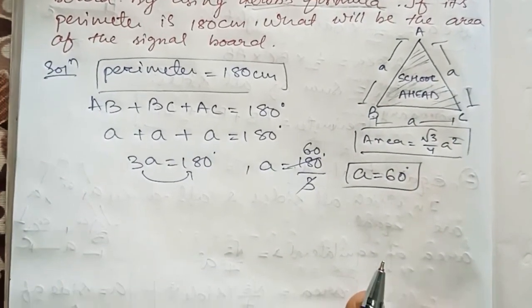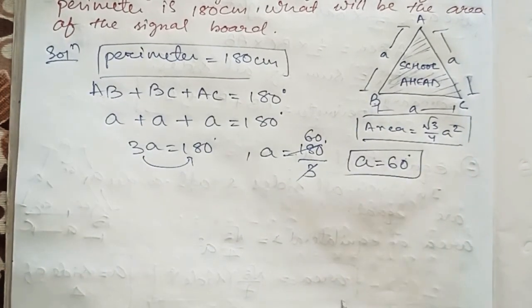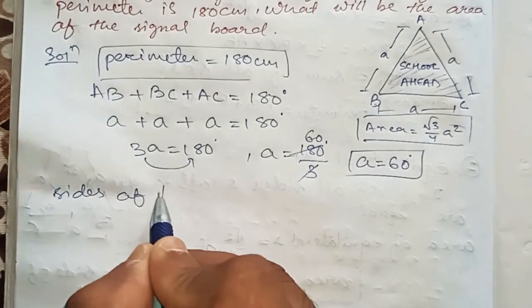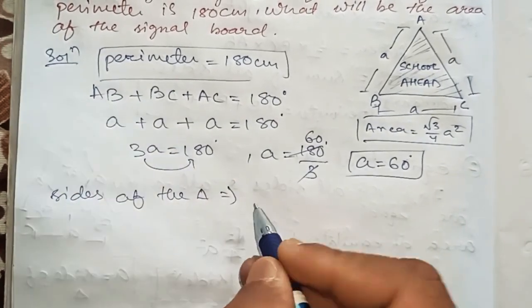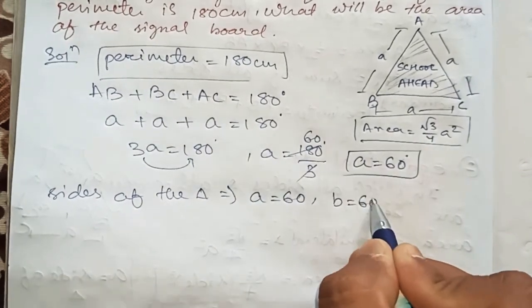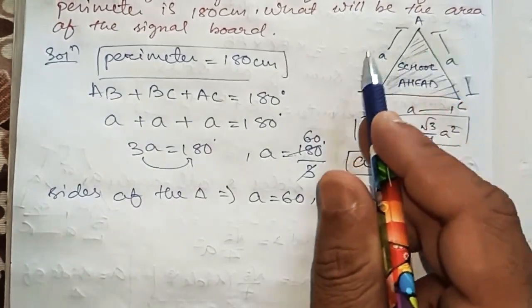Whenever we use Heron's formula, first you write the sides of the triangle. a is 60, b is also 60, c is also 60, because all the sides are equal.